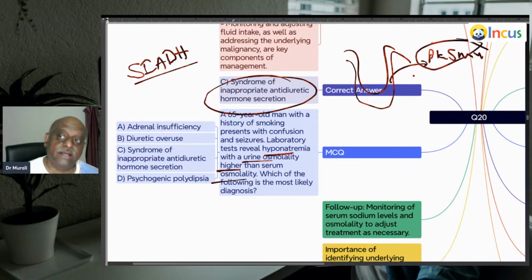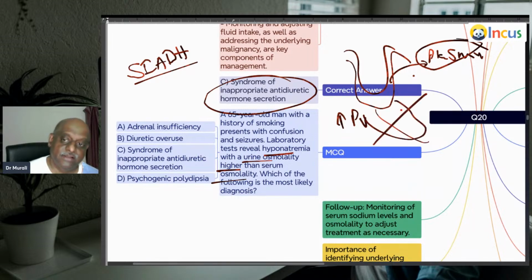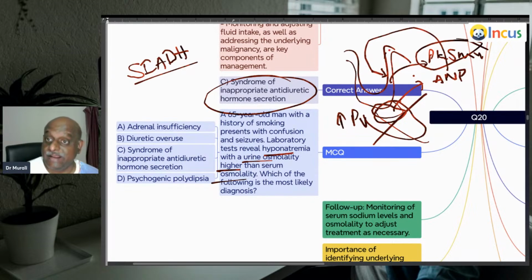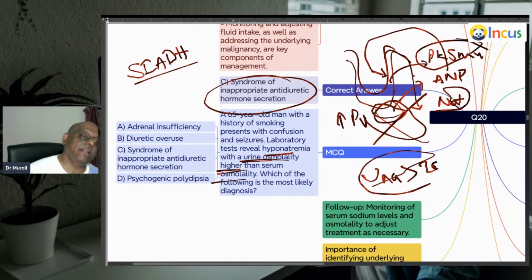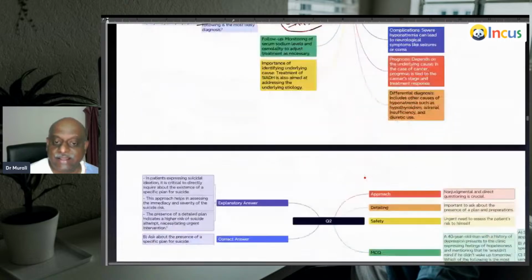This increases plasma volume and stretches the heart. The atria produce atrial natriuretic peptide, which comes to the kidney and causes natriuresis, with loss of sodium into urine. Urine osmolarity becomes high, serum osmolarity becomes low, and urinary sodium becomes high, more than 20. So that is the definition of SIADH.